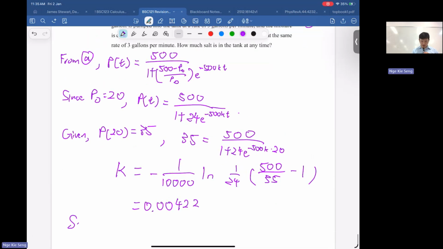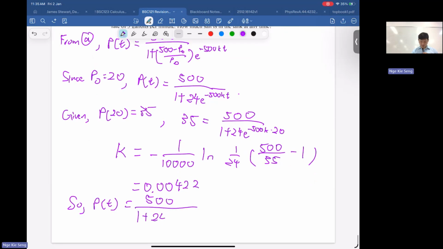So our P(t) is 500 over 1 plus 24 e to the 0.00522, 0.00522 multiplied by 500, you get 21.1, and then negative.